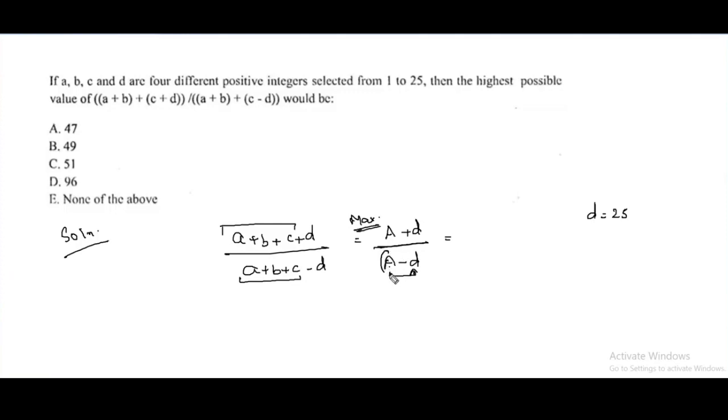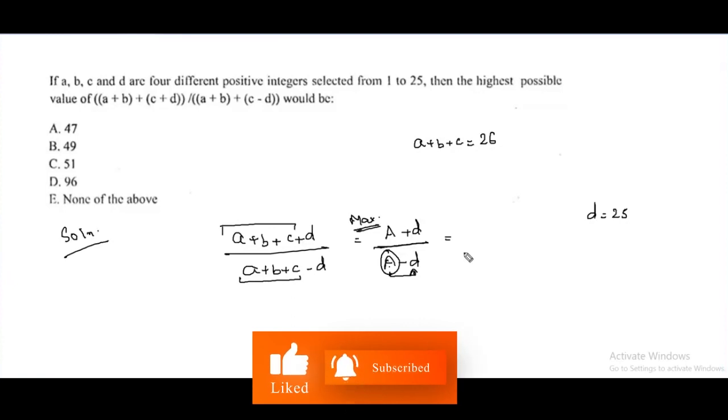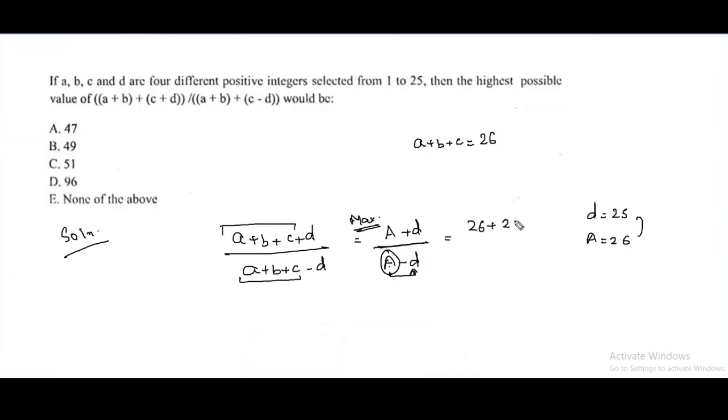So can I take a's value, which is the combined value of a plus b plus c, as 26? Yes, if I take 26, the difference will be 1. If difference will be 1, obviously the numerator will become more and denominator will be very less.